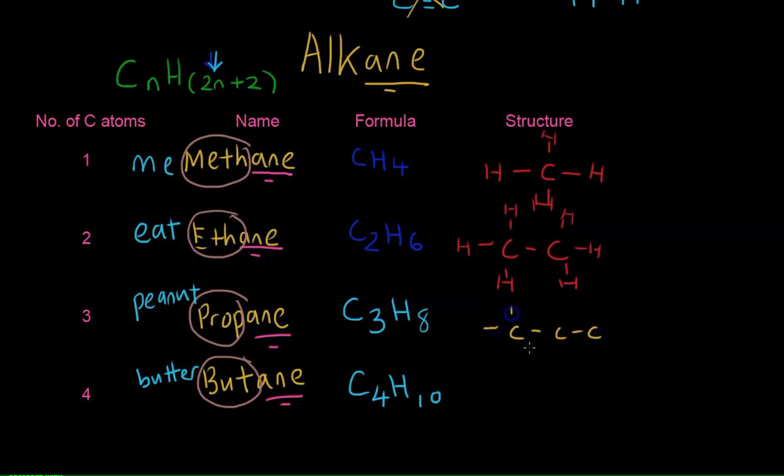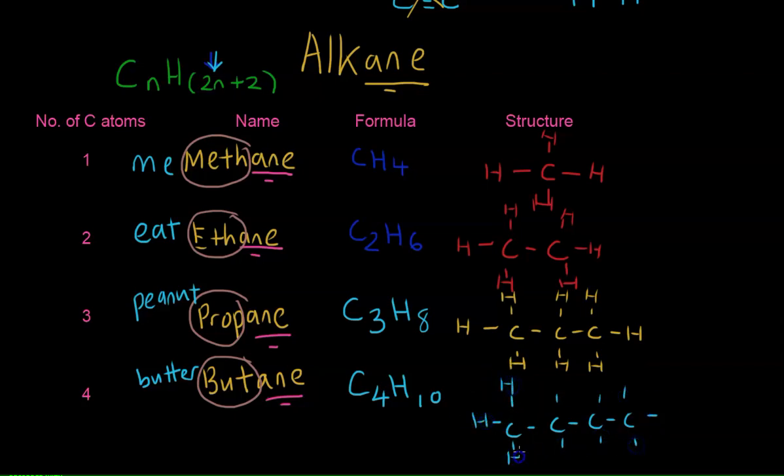For the rest of the space, make sure there are 4 bonds surrounding each carbon. Fill them with hydrogen again. Finally, if there are 4 carbons, draw 4 carbons first. 1, 2, 3, 4. Make sure there are 4 bonds around each C, and fill in the H. Should be quite simple.